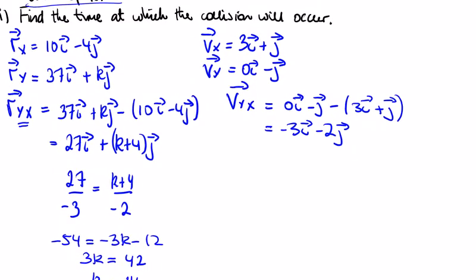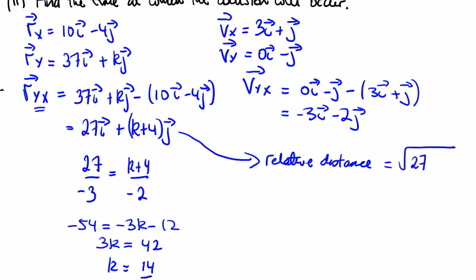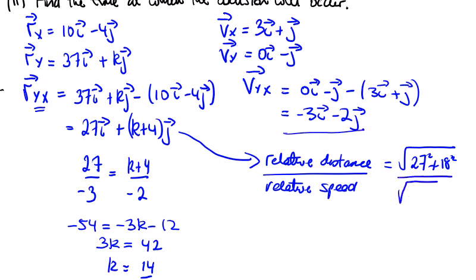So we ask the time. Okay, so we just need the relative positions, which was this one here. So the relative distance is equal to the square root of 27 squared plus, what do we have, 14 and 4, 18 squared, over the relative speed, which my velocity has here, 3 squared plus 2 squared.